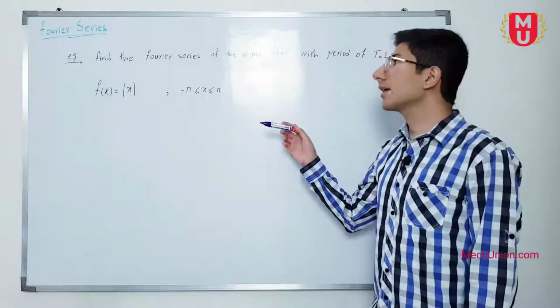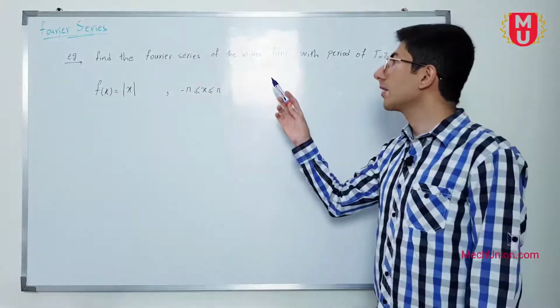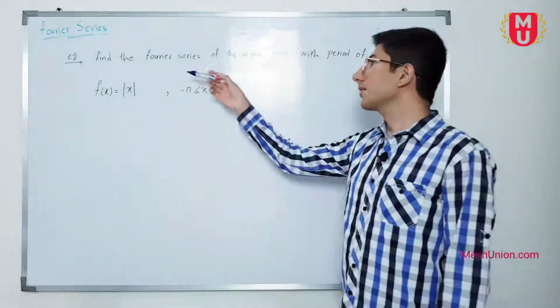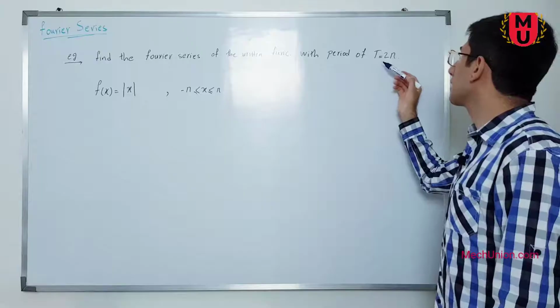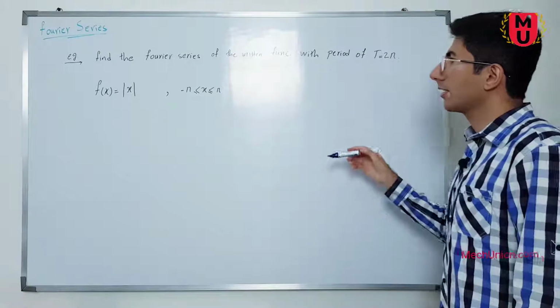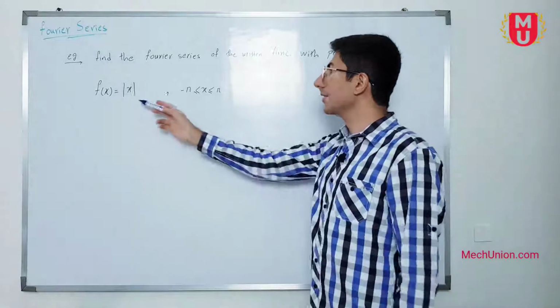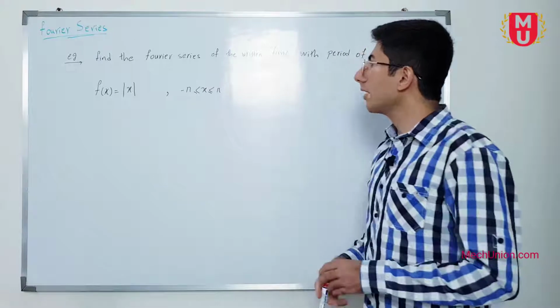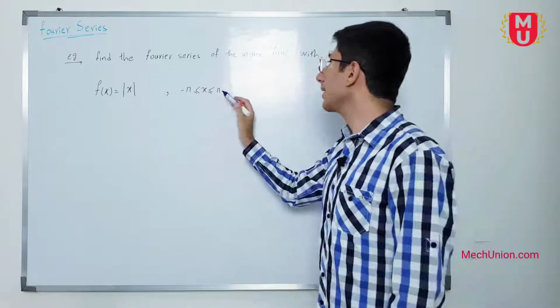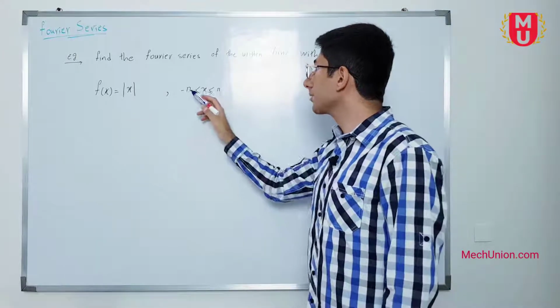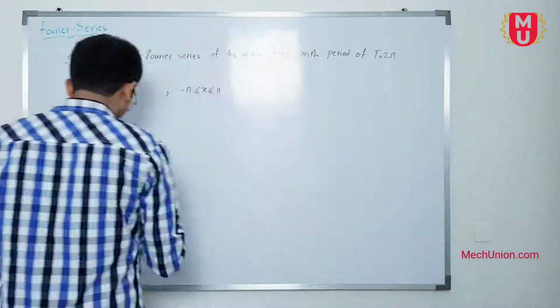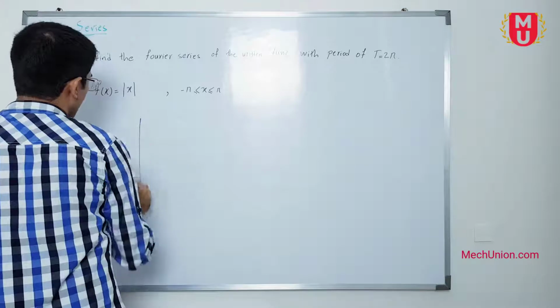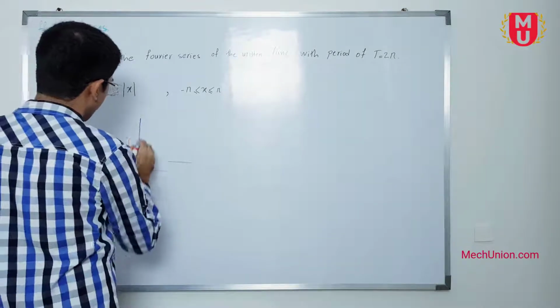Okay, as an example, I have brought you this one. They want us to find the Fourier series of the written function with period T equals 2 pi. Our function is f of x equals absolute value of x, and we see that it is limited to minus pi and pi. Firstly, we should draw the function graph.